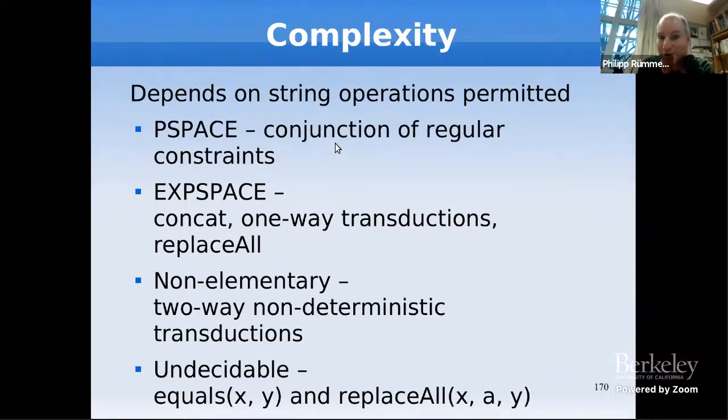Of course, if you only have regular expressions, the problem is going to be PSPACE. Depending on what kind of functions and what kind of transducers you're adding, you're going to get more or less terrible complexity. And at some point you will also end up with undecidable things, like this combination of equals and replace all, which immediately would give you undecidable fragments.